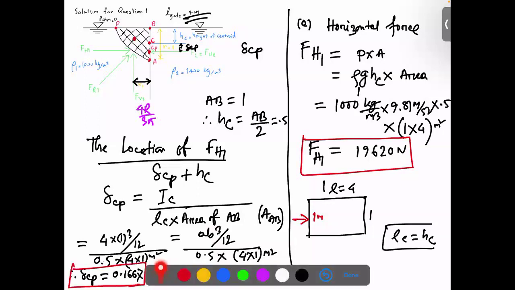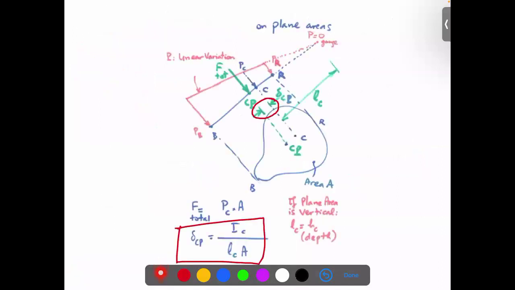We need the location, and we say this location is delta Cp plus the centroid distance. So we'll write it on the next page. The location will be delta Cp plus the height of the centroid.